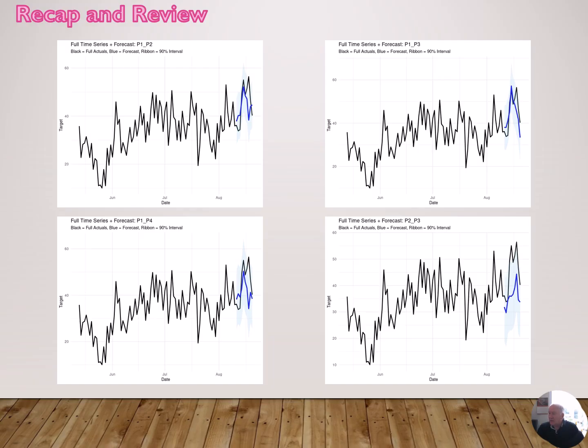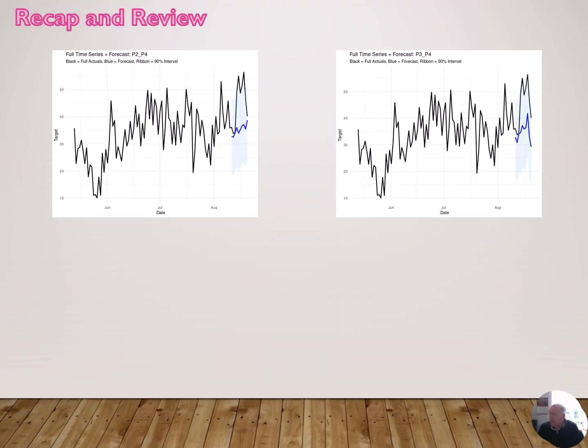So the top one is P1 and P2, predictor 1 and predictor 2, followed by predictor 1 and predictor 3, and predictor 1 and predictor 4. And once again, all three of these, coupled with P1, seem to do pretty well. P2 and P3 also seem to do pretty well.